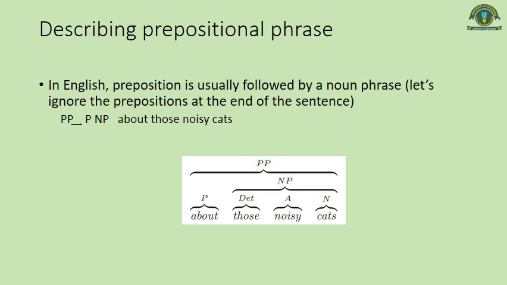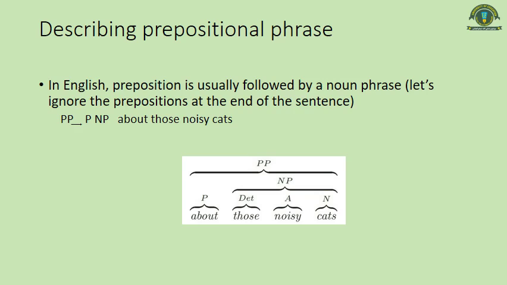Let's ignore the preposition at the end of the sentence, because we are describing the rules here. There is no doubt a specific category or empty category if the preposition is at the end of the sentence. But for now, we are dealing with the basic principle of the prepositional phrase, and that is that a prepositional phrase is made up of a preposition and a noun phrase.